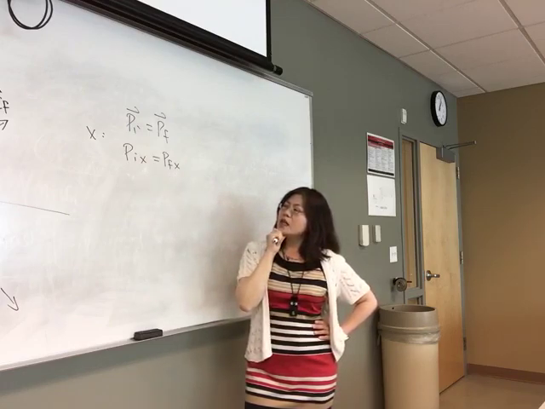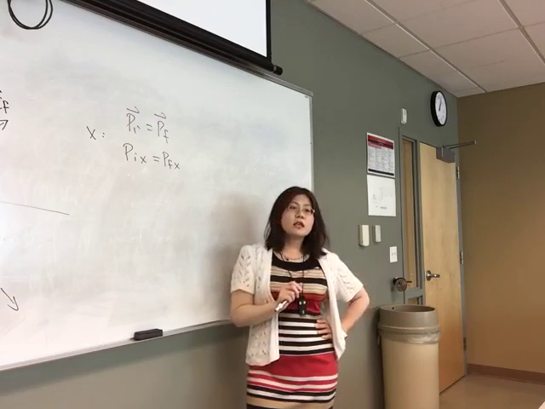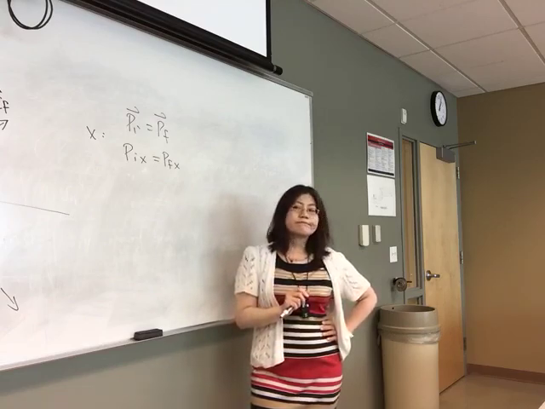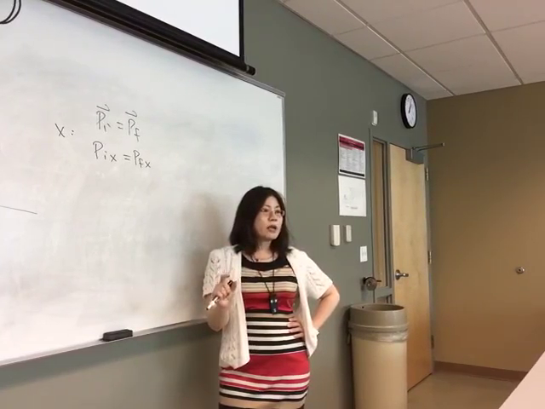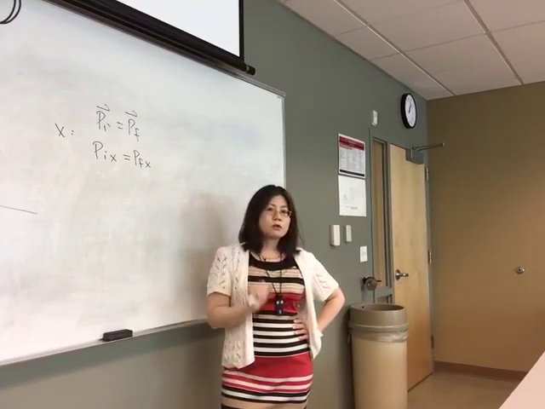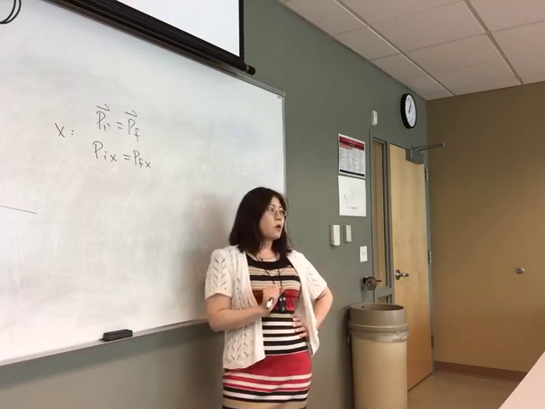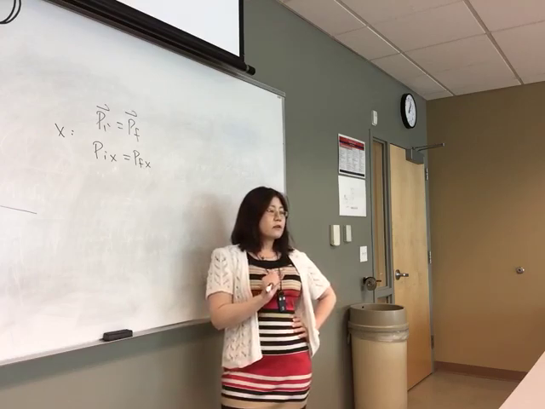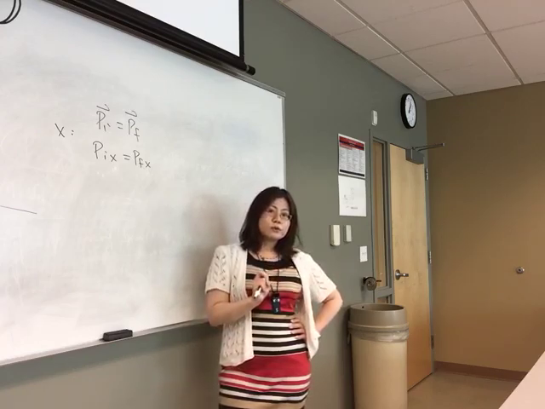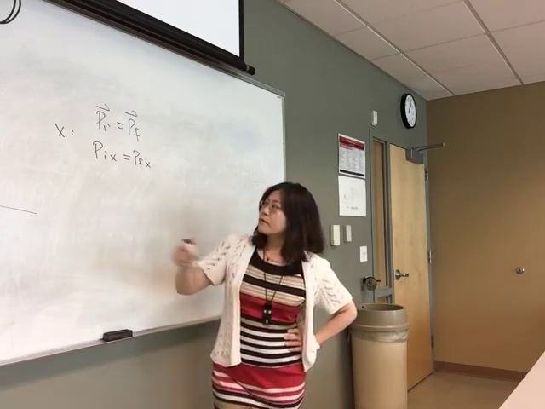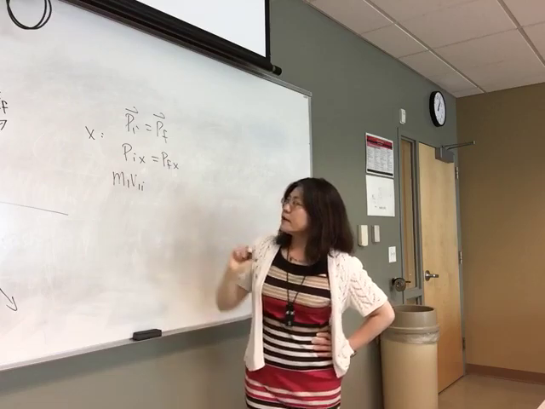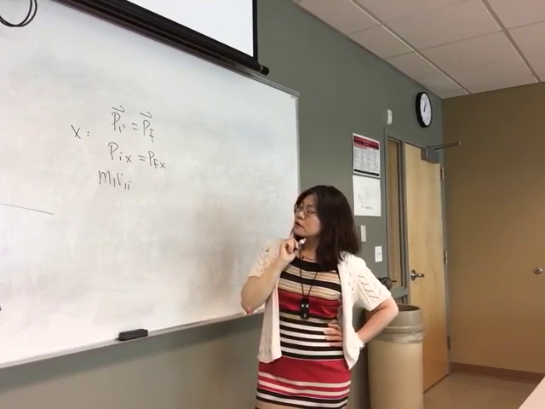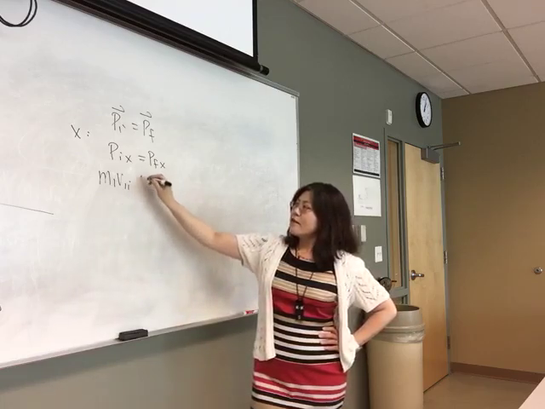How many terms will contribute to the linear momentum in the horizontal direction? You have one that's stationary and one that's moving rightwards. How many terms will there be in the horizontal initially? Two. What are the two? M1 V1i, right?